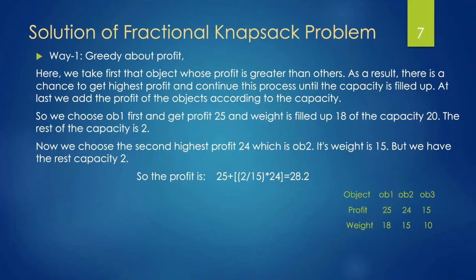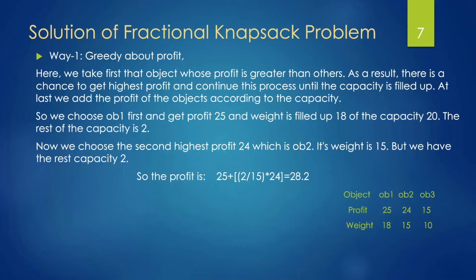So first of all we choose object 1 and get profit 25, and its weight is 18, but the capacity of our knapsack is 20, so the remaining capacity is 2. The second highest profit is 24, and it's for object 2.